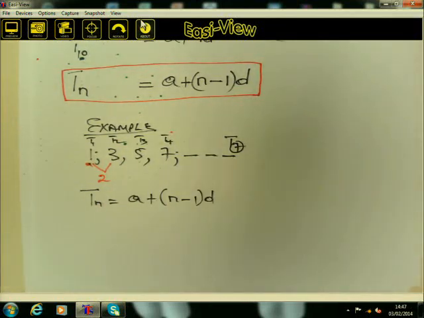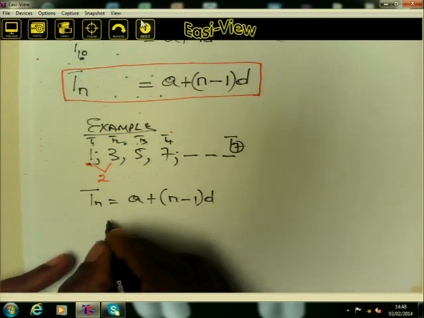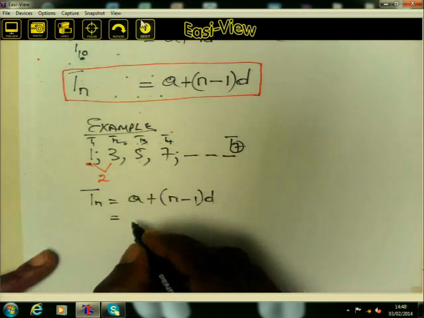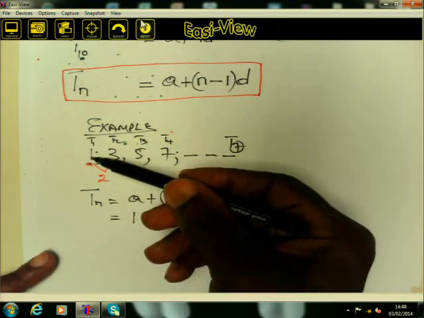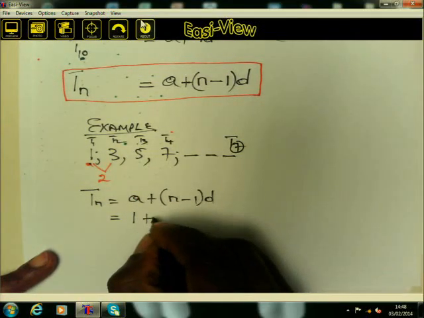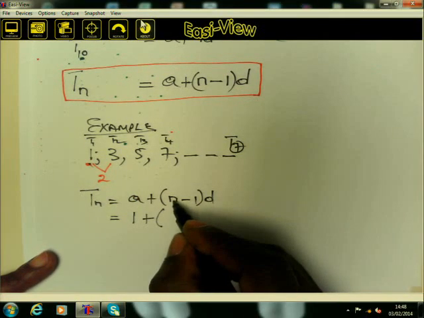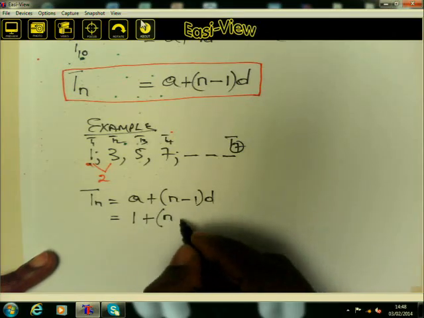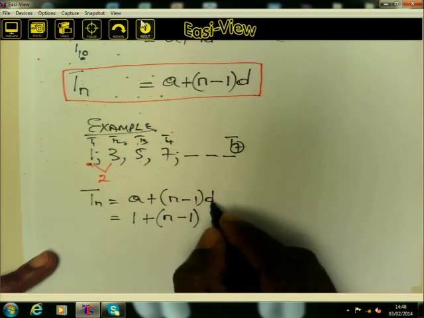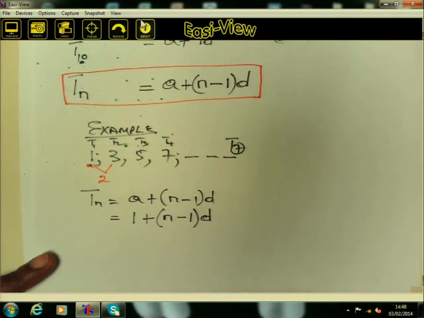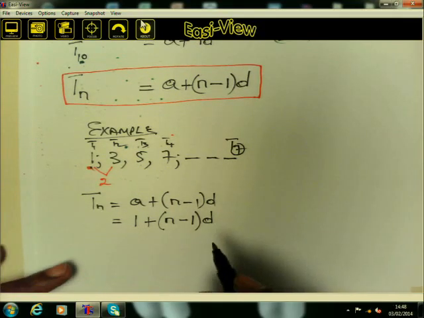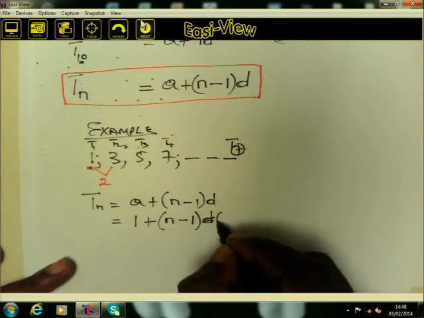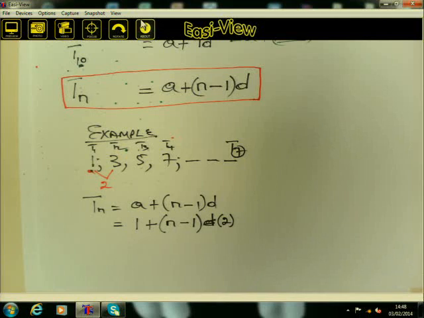The difference was 2. So we substitute for Tn: the value for A is 1, our first term, and then we add the term number, we don't know, we are looking for that, that is n, then minus 1, times the difference, which is equal to 2.